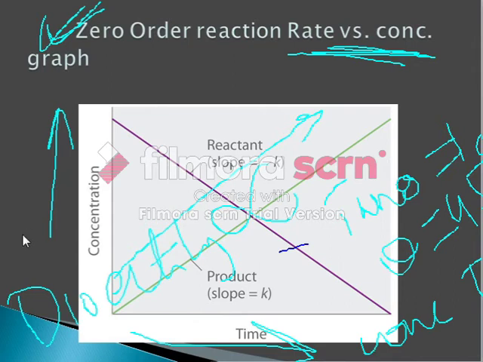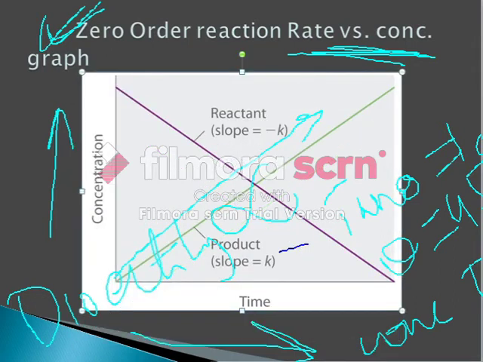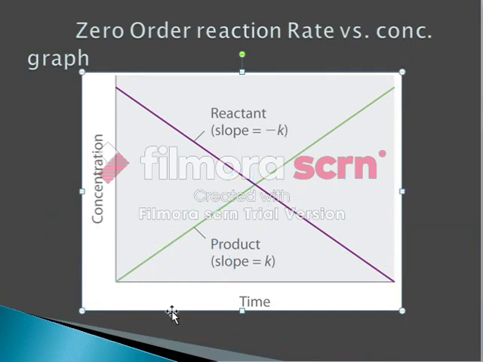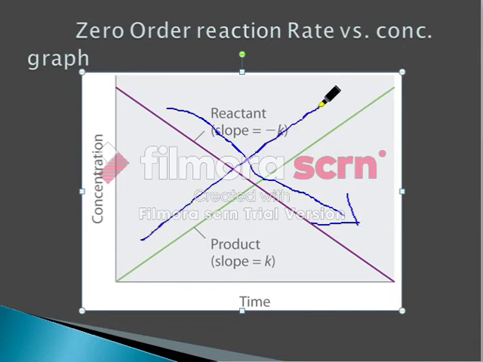The cursor had come here. Okay, no problem. Let us adjust it. Now see, the reactant is going like this, and the product is going like this. If you see the slope, they are of the same magnitude but negative.